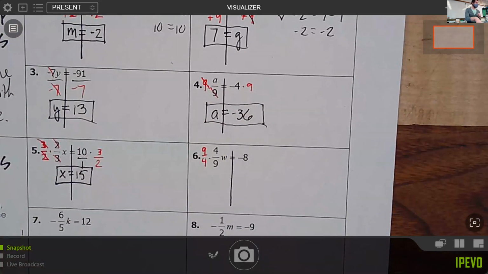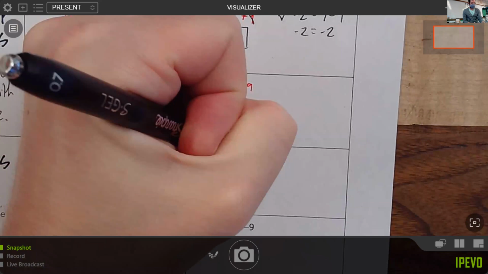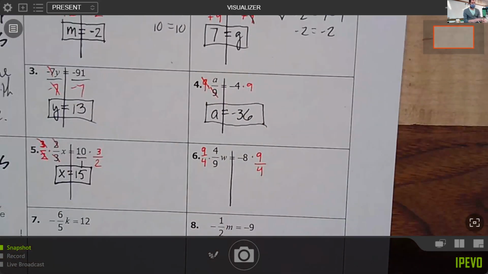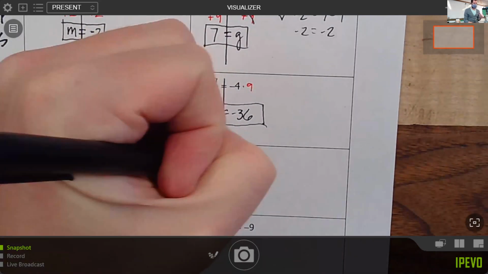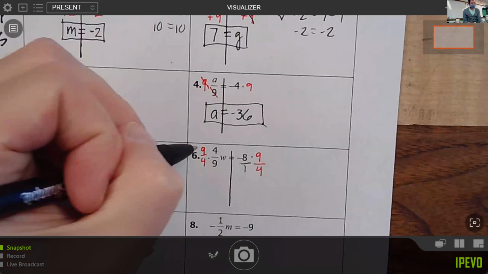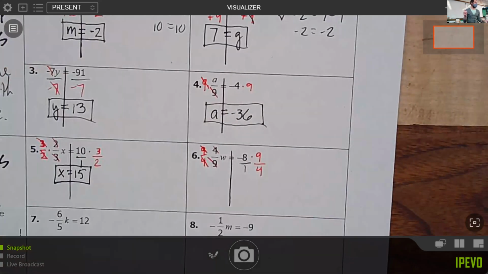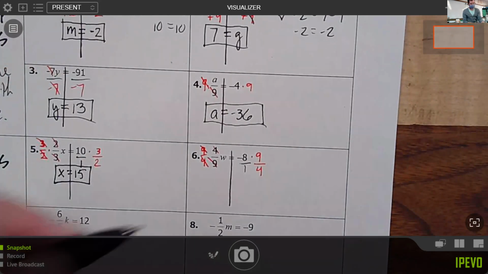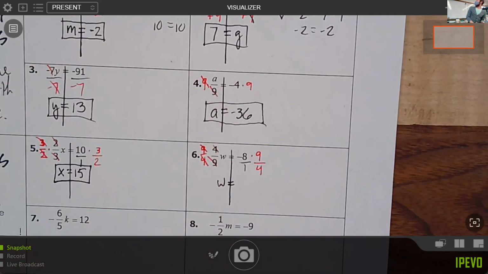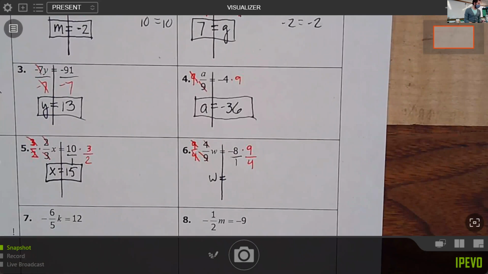So whatever fraction is multiplying by the variable, flip it over, multiply both sides by that value. So 9/4 and 9/4. So on the left-hand side, cross cancel the 9s, cross cancel the 4s. All you have left is W. On the right-hand side, we've got -8 times 9/4.